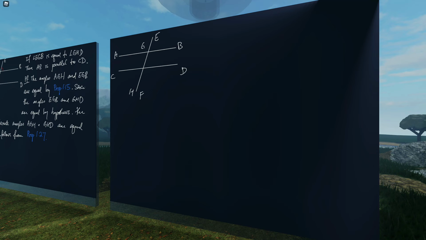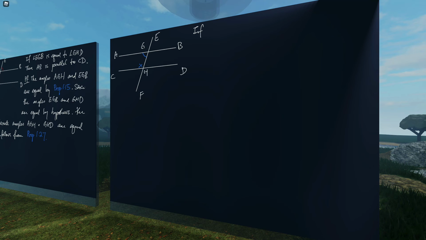Okay, so in this case, the hypothesis is that this angle and this angle, the two marked angles, add up to two right angles, right? So if I guess here is AG. Did I just draw H at the same place as F? That's crazy. H is here.